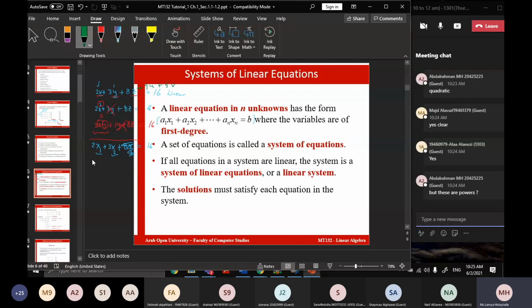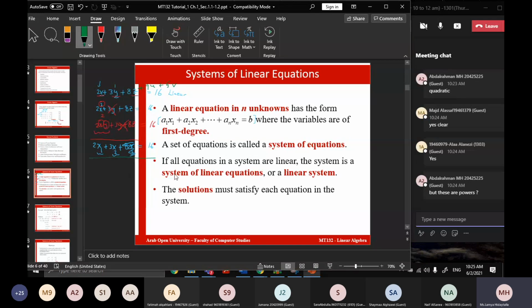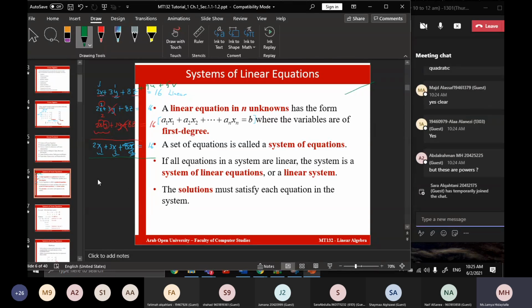And linear equations, when you draw them, represent a real line in any space of dimension 2, 3, 4, whatever. Now, if we have a system that contains more than one linear equation.